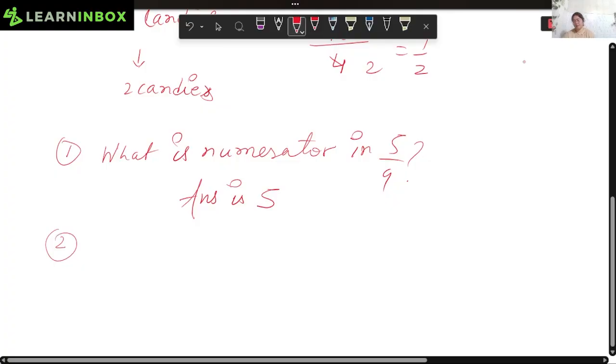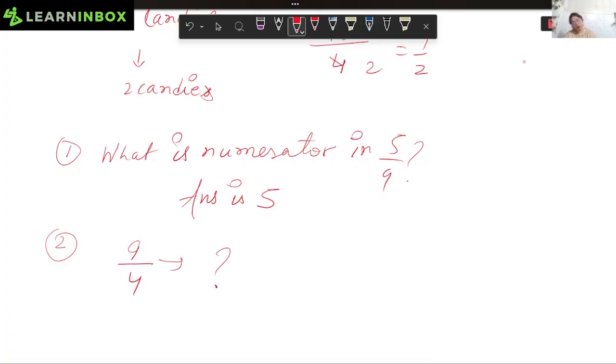Now the next question: you have to tell me what type of fraction this is, either proper, improper, or mixed. This is, I guess, a proper fraction. Is it so? Not at all. It is an improper fraction.